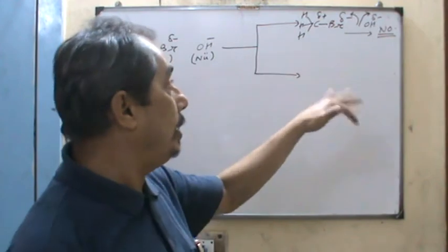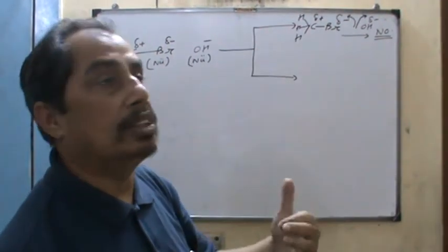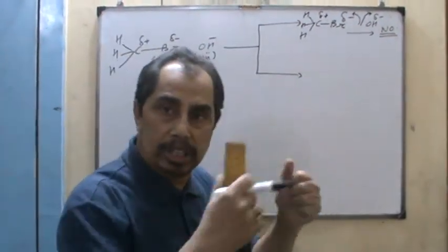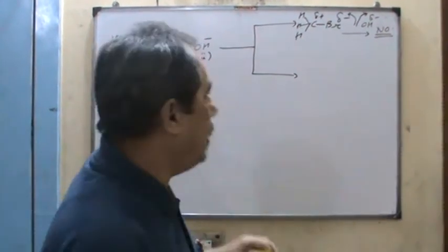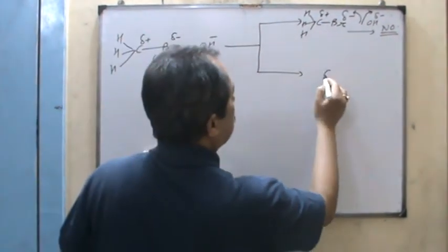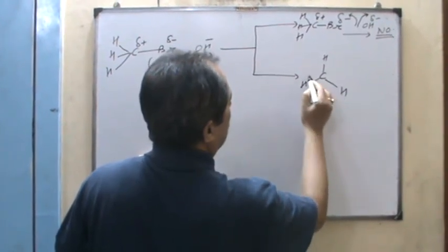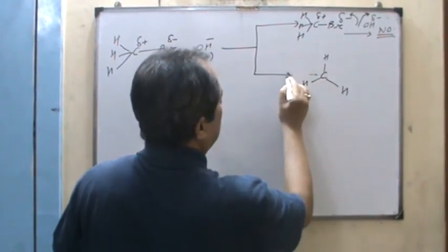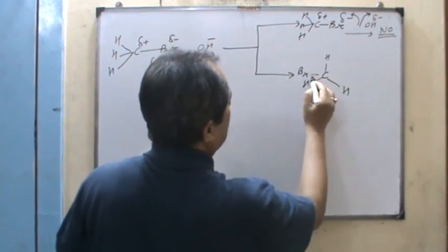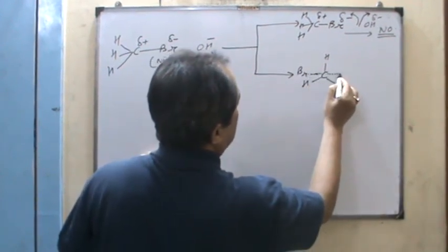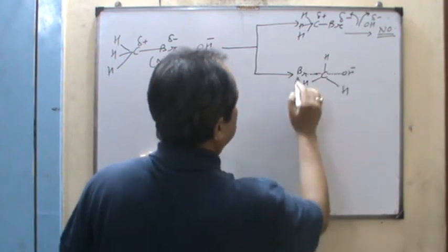So what is the right way to form the products? What is the right way of symmetrical collision of the reactants? In this way, here I write CH3, and on this side the nucleophile, with an imaginary bond to the OH.